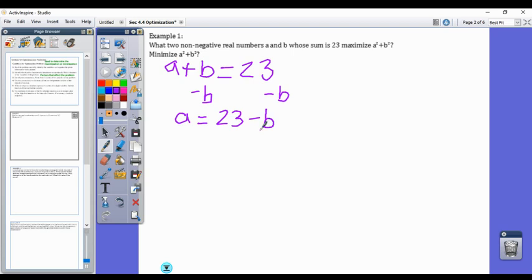Okay. So my objective function in this case is a squared plus b squared. So what I'm going to do is substitute in this value 23 minus b for my a.